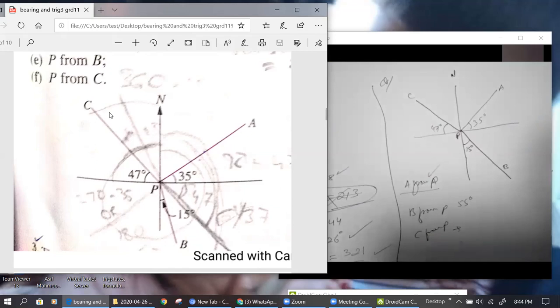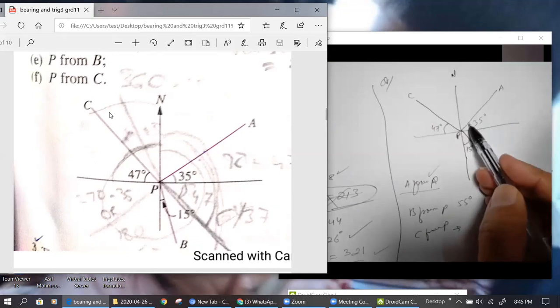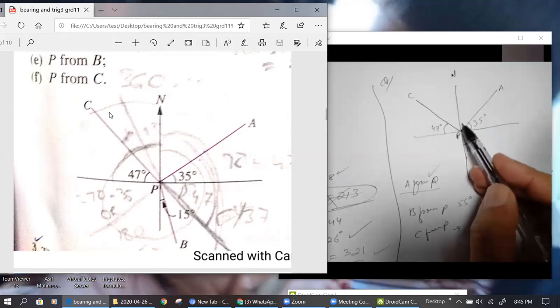So 180 plus 90 plus 47, till here P to C. C from P, so P to C only.